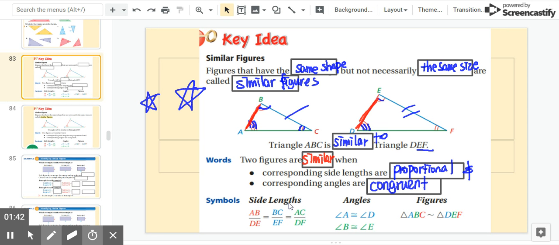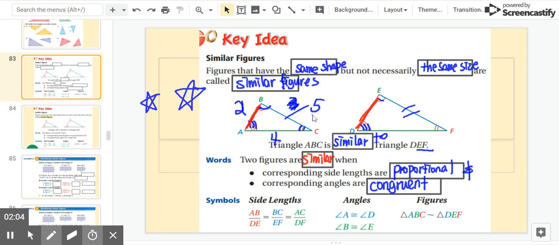Okay, so side length, for example, if AB is 1, let's say BC is 3, and no, I'm going to use a different example. Let's say this is going to be 2, and this is going to be 5, and this is going to be 4.